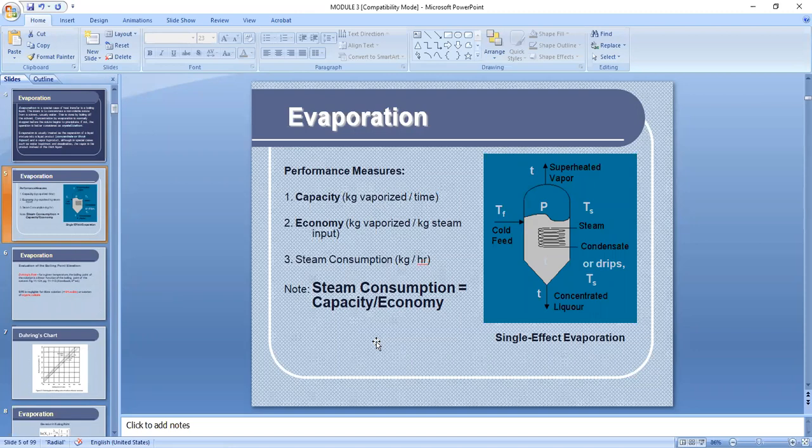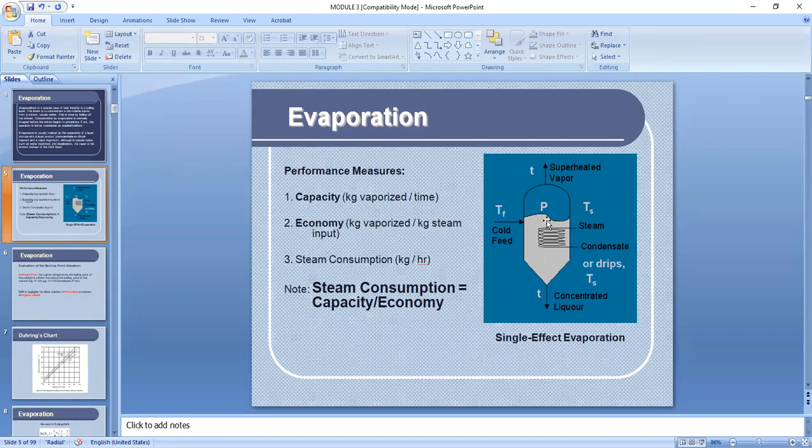Now, as to the nomenclature of the diagram for the evaporator, it could be a simple block or it could be something like this. So the T sub F is the temperature of the cold feed that is fed to your evaporator. The T is the temperature of the superheated vapor. By the way, class, this should be a capital T. It's the temperature of the vapor space, equivalent to the saturation temperature at the operating pressure.